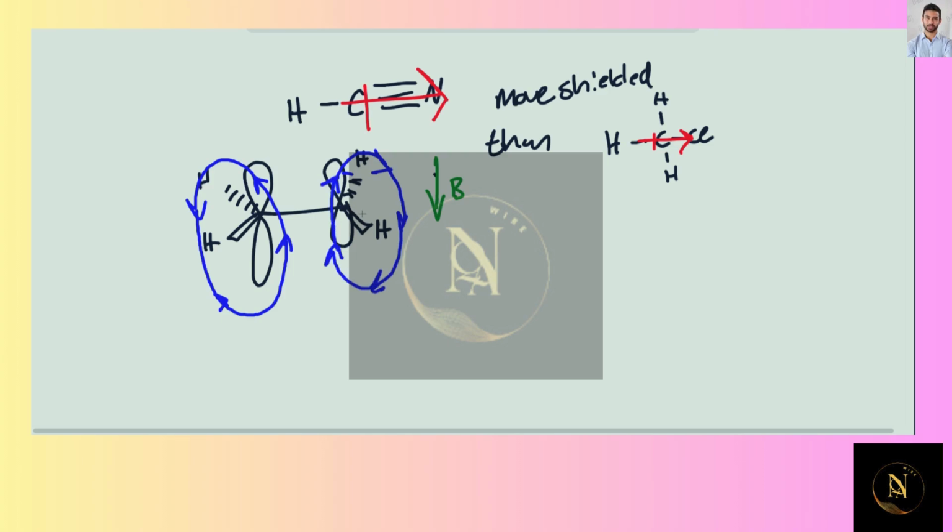Such that outside of the double bond, where the hydrogens are, if the B field is pointed into the page, which I'll put with an X, the B field generated from the circulating electrons is also into the page, whereas it's out of the page in the middle of the bond.